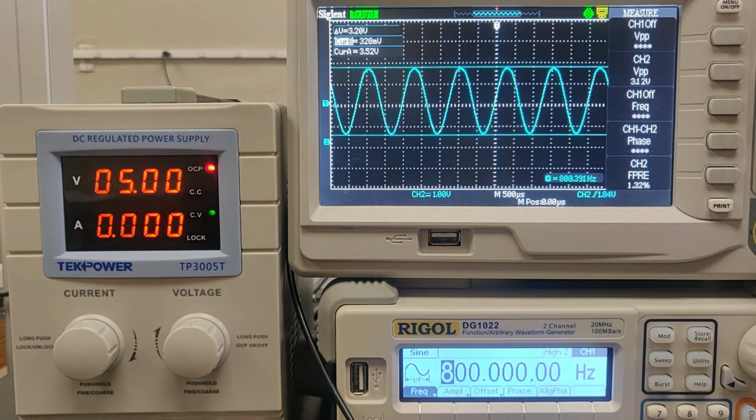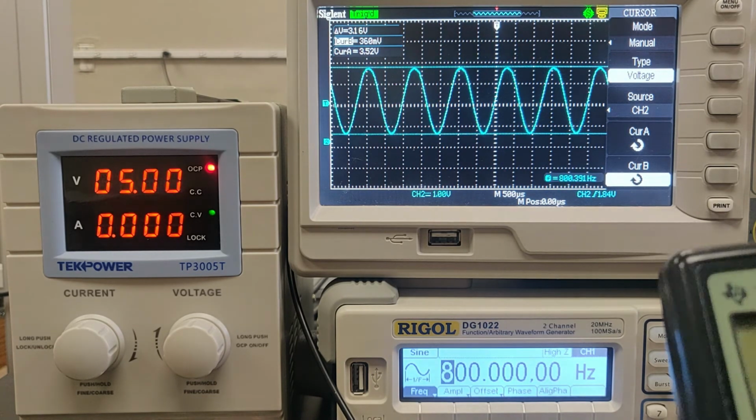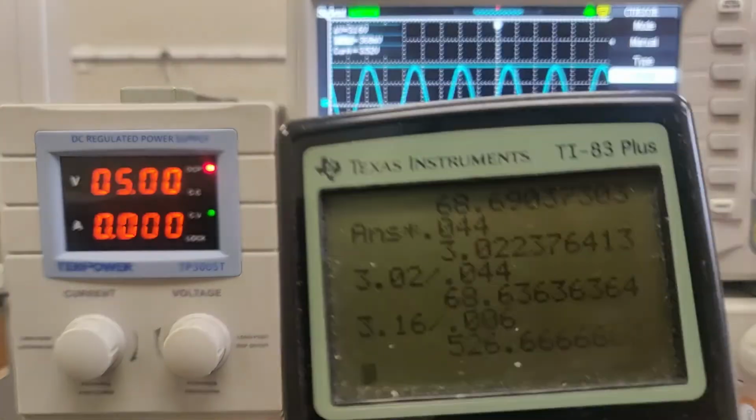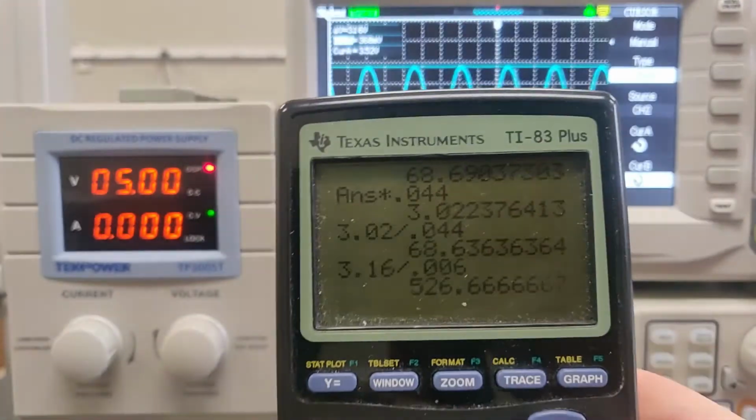I'm measuring a delta V of 3.2 volts, I guess 3.16. So 3.16 divided by 0.006 gets us 526.6 repeating. So that is our maximum gain.